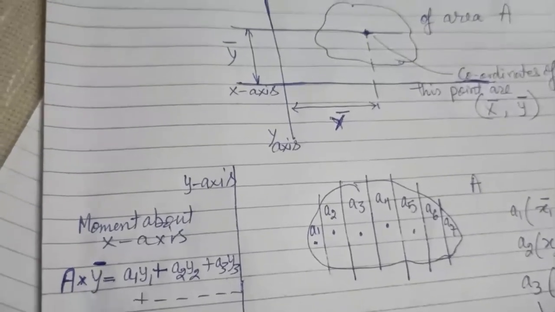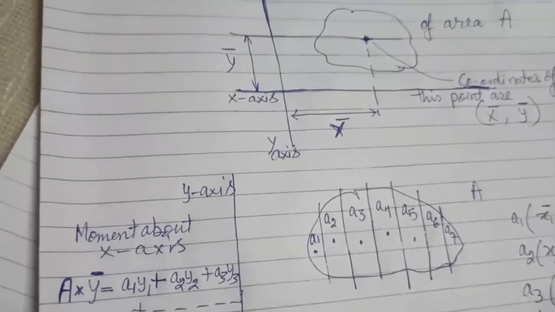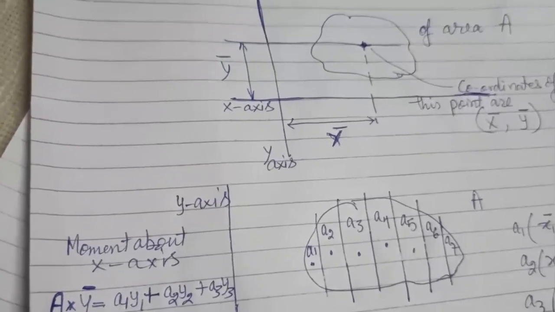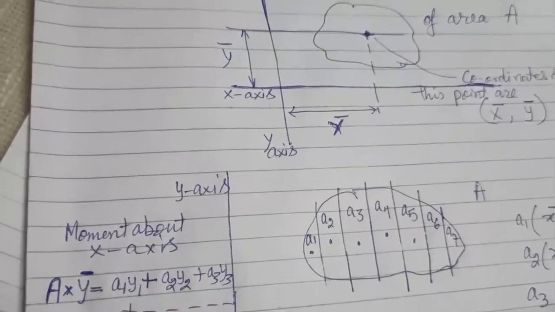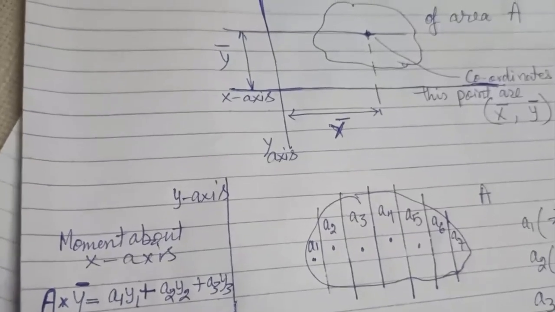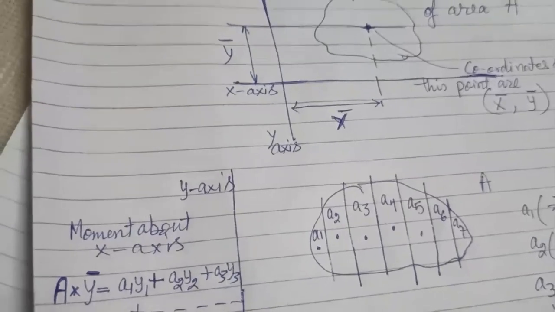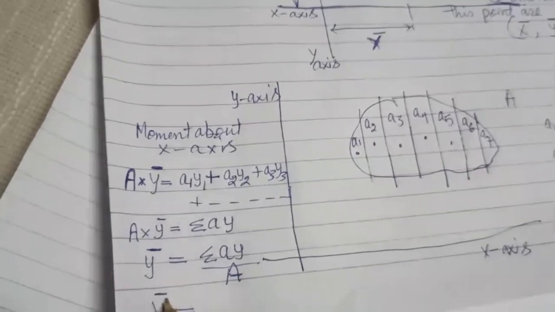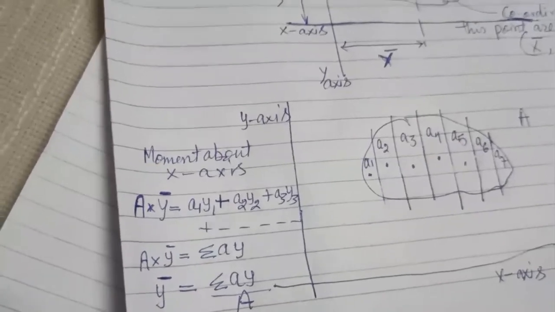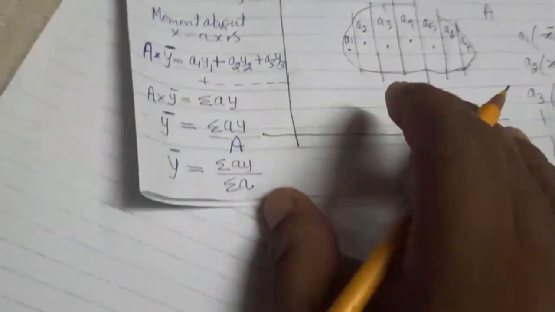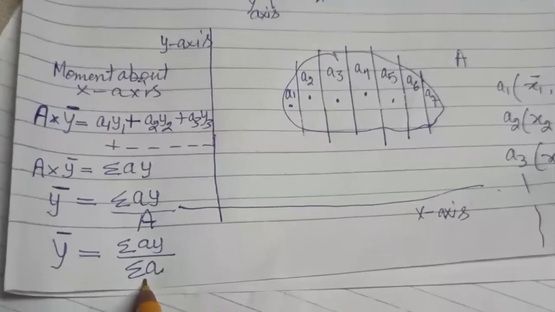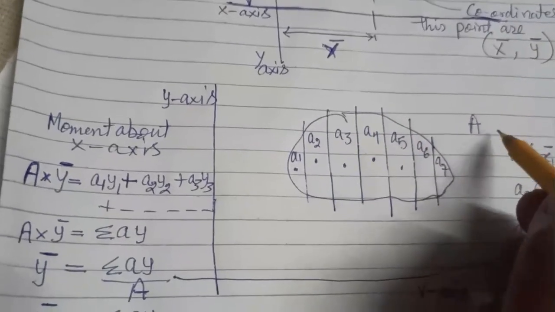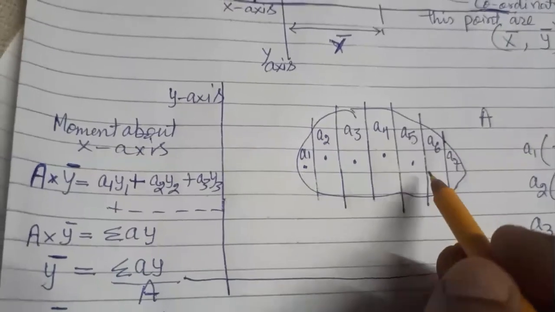Or A into y bar is equal to summation of ay, or this y bar can be calculated by summation ay upon capital A. This can be written as y bar is equal to summation ay upon summation A, because this summation A is equal to capital A. Capital A is the total area, and this total area is divided in small areas A1, A2, A3, A4, and so on.